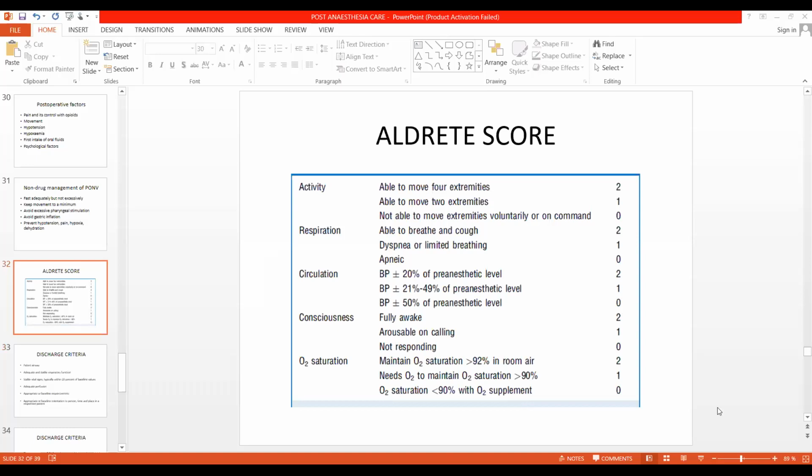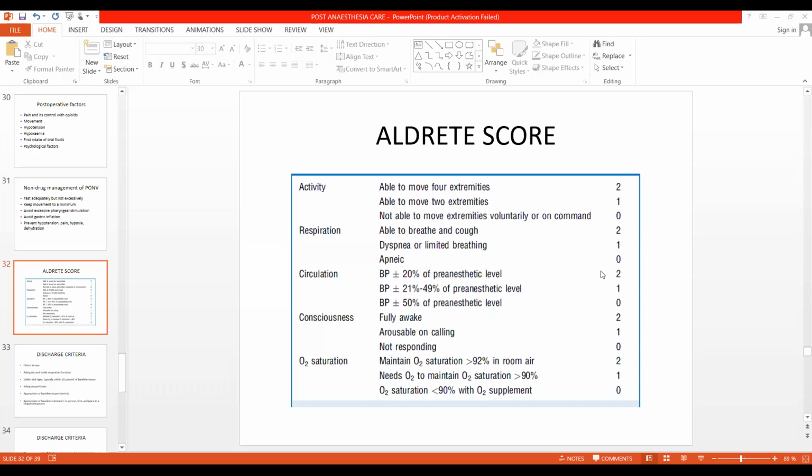Now, the discharge criteria is designed to determine the patient's readiness to safely leave the post-anesthesia care unit, or the PACU. Some people use different scoring systems. There are two famous scoring systems. One of the scoring systems is what you see there, and there's another one which is called the post-anesthesia discharge scoring system. You don't have to know the scoring systems, but just know that they are there.